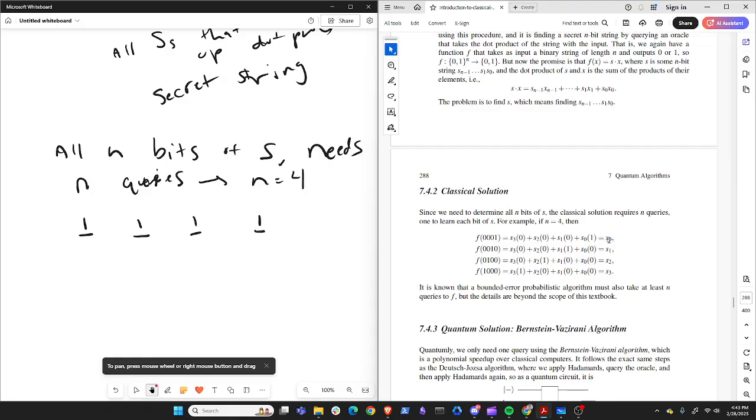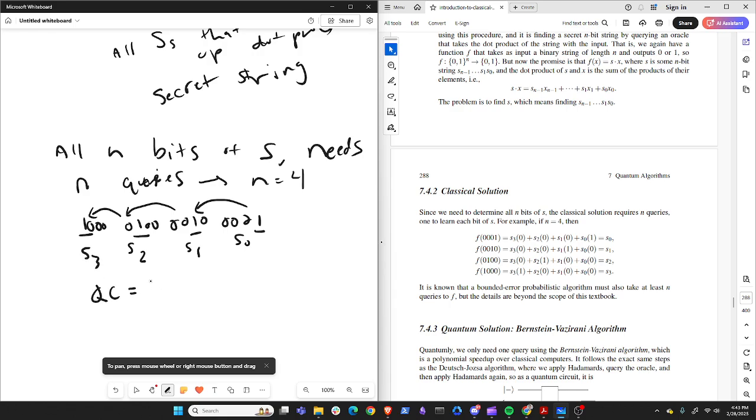That tells us the first number, and we just continue onward like that to get our full binary string. So the query complexity is 4. We need to call the function 4 times.